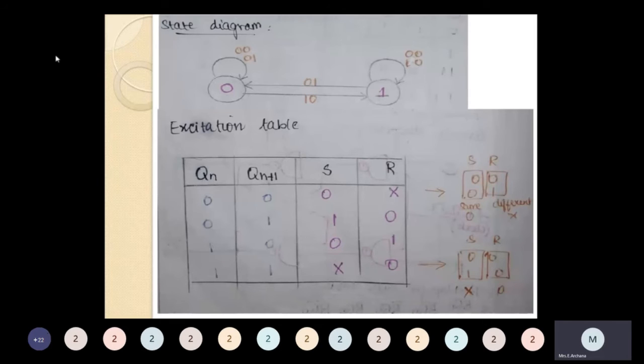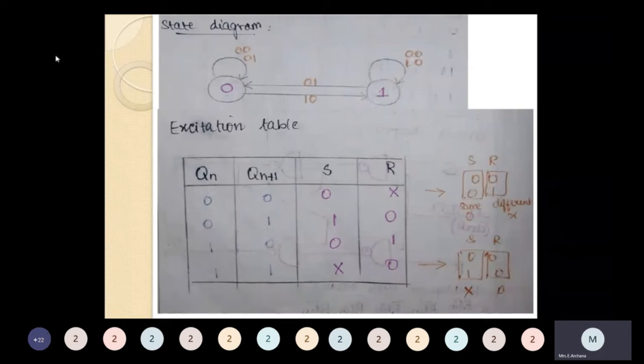A state diagram represents the transition from one state to another state, and it is represented with the help of our excitation table. In the excitation table, consider the transition from 0 to 0: my present state is 0 and my next state is also 0.